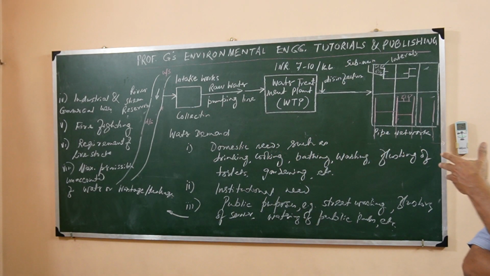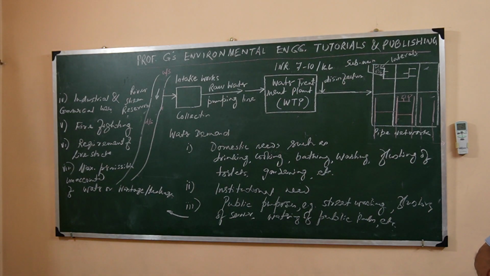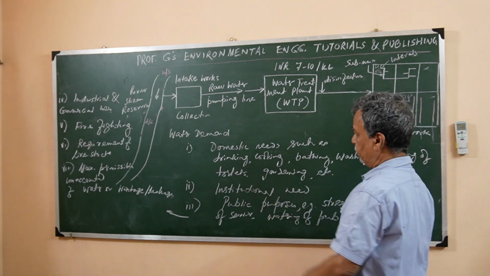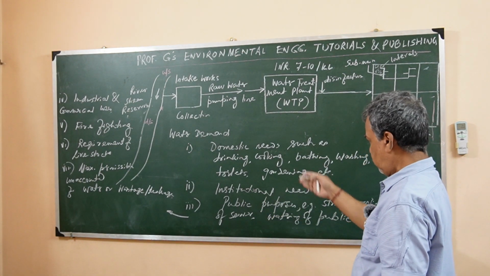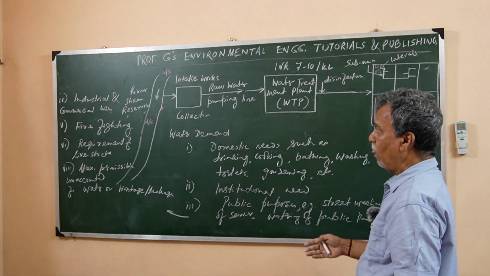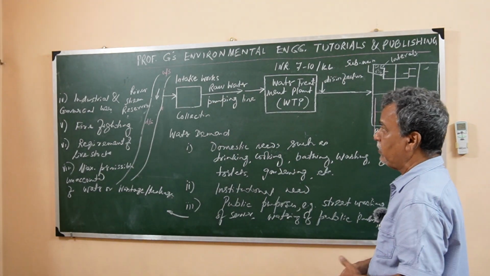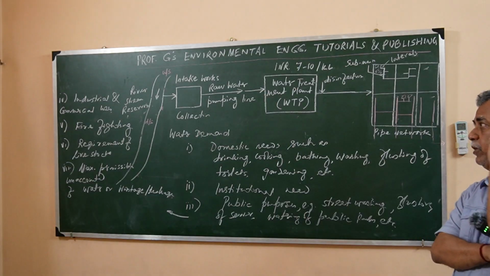So if we see the water demand, when you plan or subsequently design a water supply system, you have to consider all the needs: domestic needs, institutional, commercial, minor industrial, and for major industries separate calculations may be required.